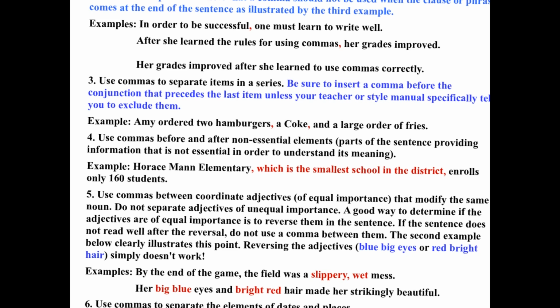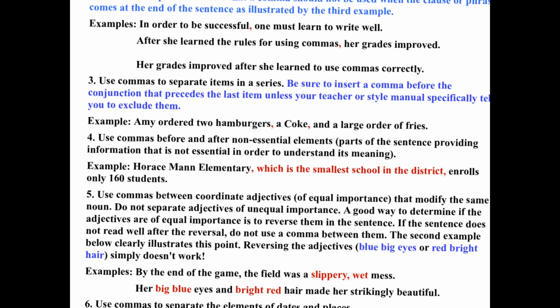So you have this piece of information, which is the smallest school in the district. Is it some great detail that adds to the description? Yes. Is it essential? No, it's not essential.